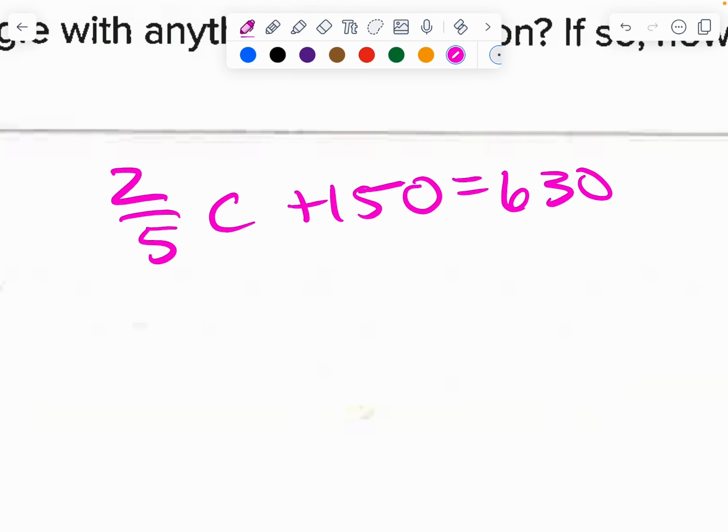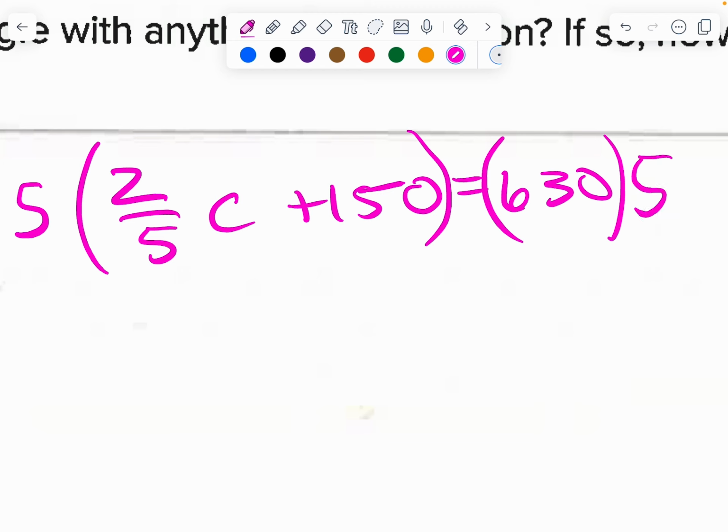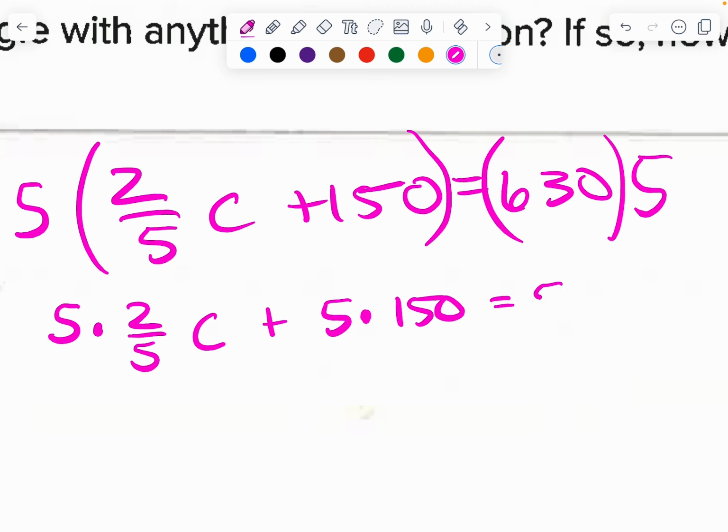So I'm going to multiply everything here by 5. That's going to be 5 times 2/5 c plus 5 times 150 equals 5 times 630.